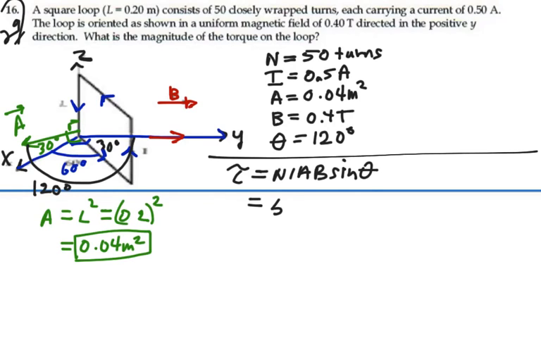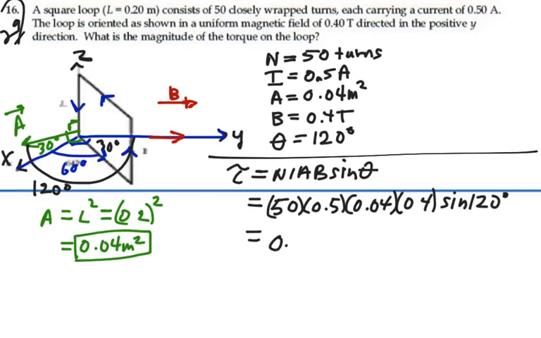So this would be 50 times 0.5 times the area 0.04 times the magnetic field 0.4 times the sine of 120 degrees. And that is all equal to 0.346 Newton meters. So that is the torque on this loop, 0.346 Newton meters.